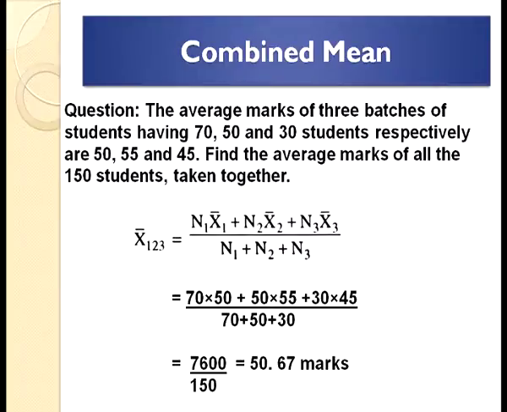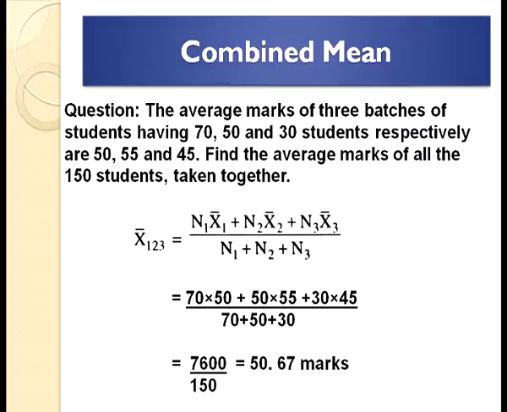The average marks of 3 batches of students having 70, 50 and 30 students respectively. So, here we have been given the number of observations n1 70, n2 50, n3 30 and their means are given as 50, 55 and 45.